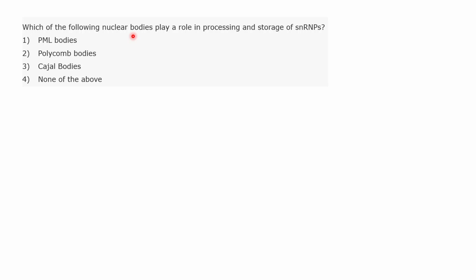Which of the following nuclear bodies play a role in processing and storage of snRNP or small nuclear ribonucleoproteins? PML bodies, polycomb bodies, Cajal bodies, or none of the above? Which might be the answer?